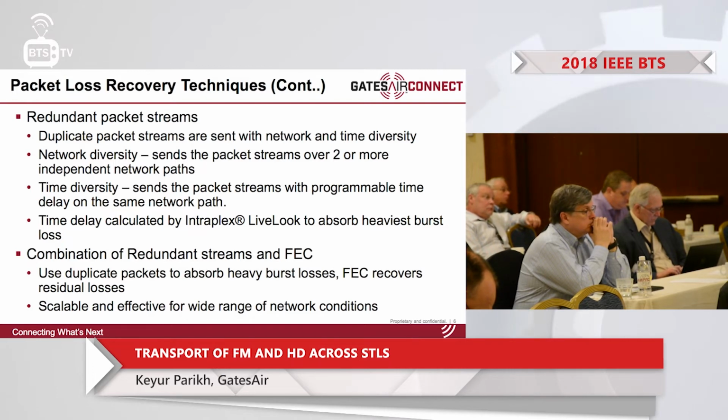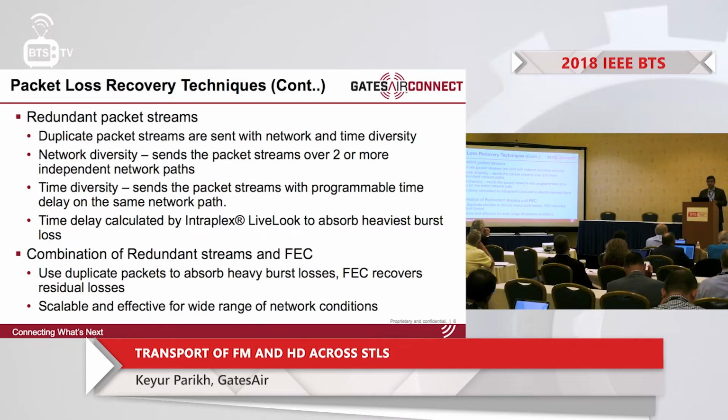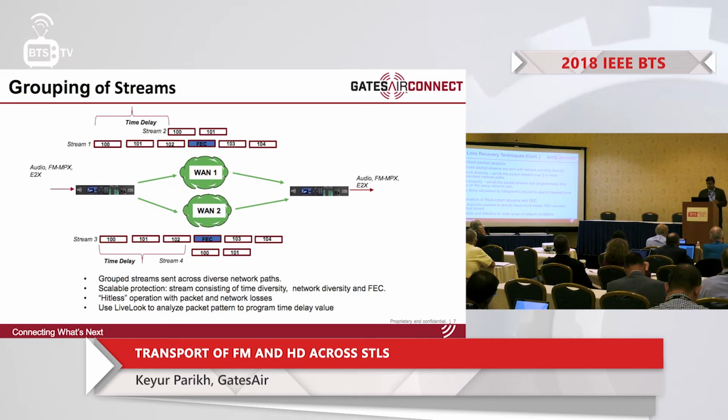But what we have actually found is that on the most challenging networks, especially the public internet, the combination use of both redundant packet stream and FEC provides a very scalable and effective solution. So this is where your redundant streams are your frontline defense, absorbing the majority of the losses, and FEC is used to handle any residual packet losses.